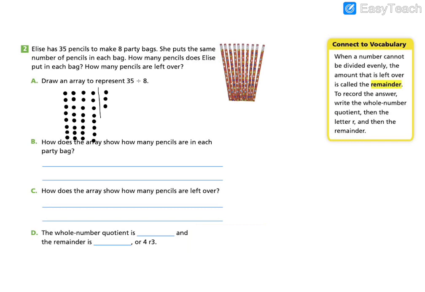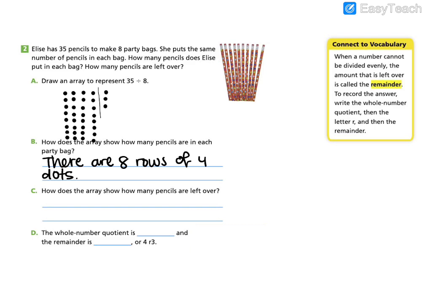So when I'm looking at letter B, it says, how does the array show how many pencils are in each party bag? Well, I know that in each party bag that's even, there are 4 dots in each row. So I can say there are 8 rows of 4 dots.